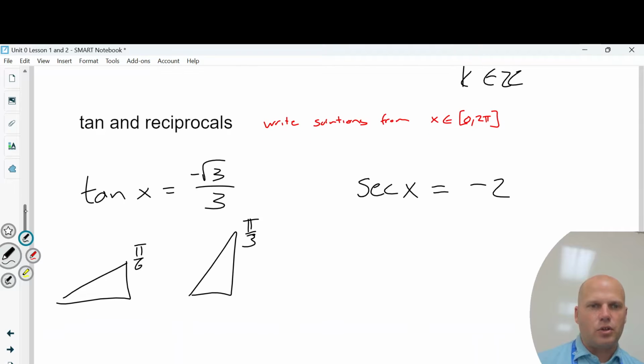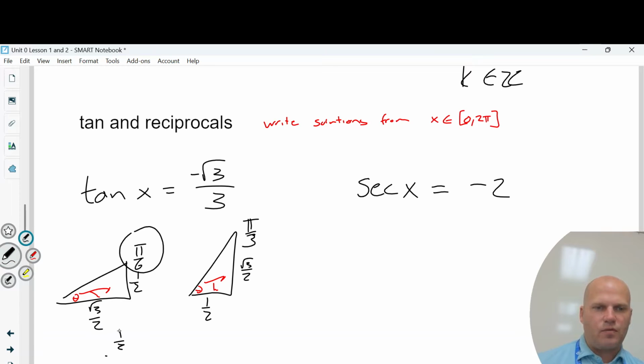But maybe you need to do a little bit of work to see which one, when we do the opposite over the adjacent, gives us this root 3 over 3. If you haven't done it yet, try it. Try an opposite over adjacent for this one, try an opposite over adjacent for this one, and see which one wins. And the answer is this one.